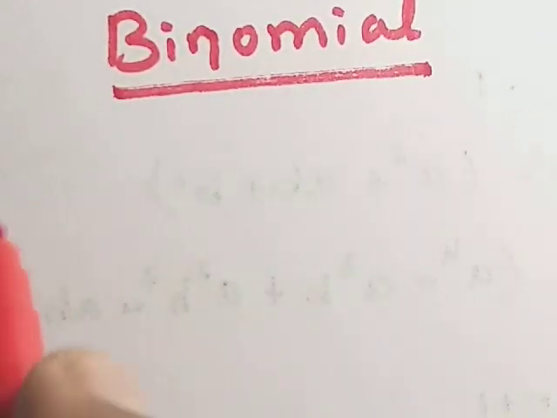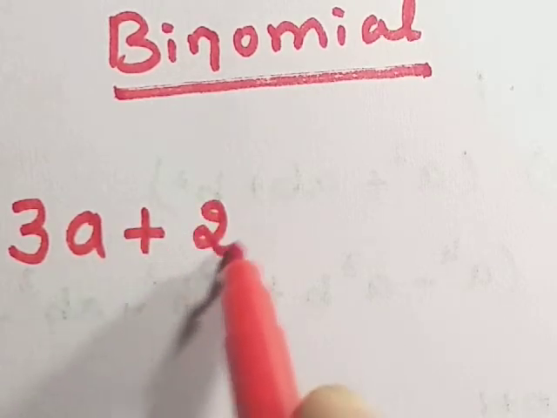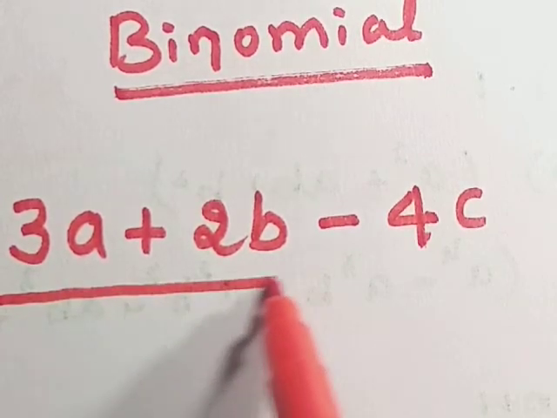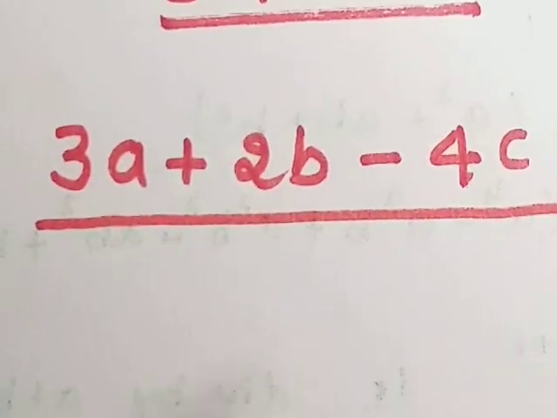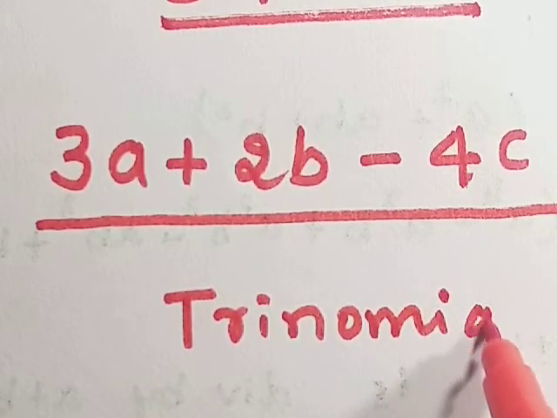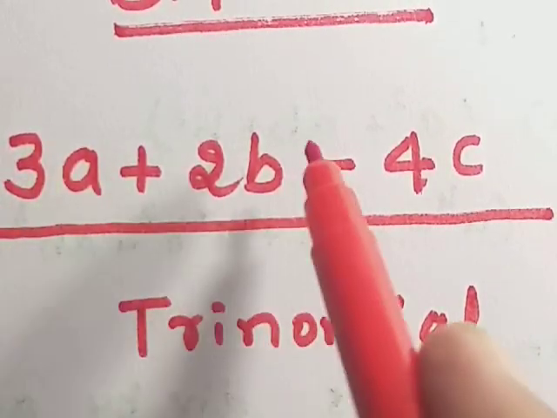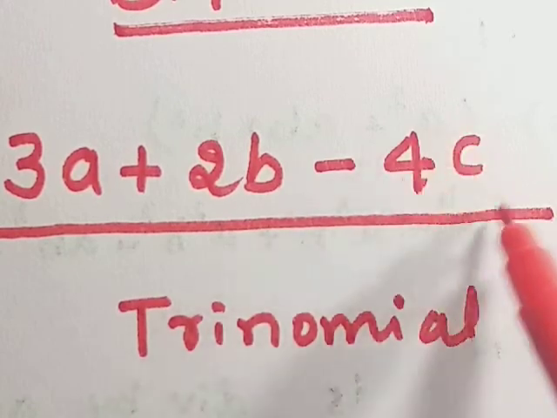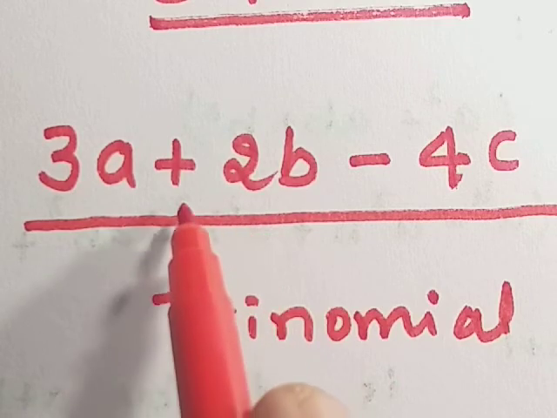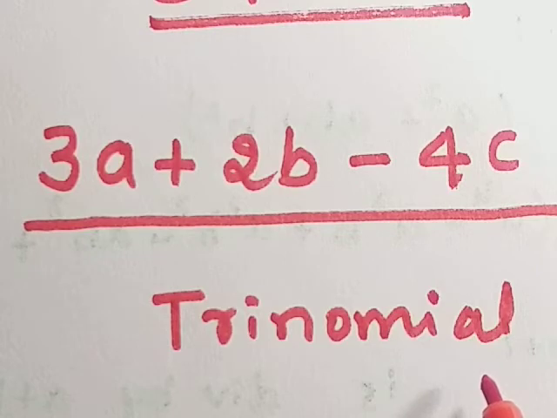Similarly, if we have 3a plus 2b minus 4c, this becomes a trinomial because it contains three different terms. 3a is one term, 2b is another term, 4c is another term, and all of them are either added with positive sign or negative sign, then it becomes a trinomial.